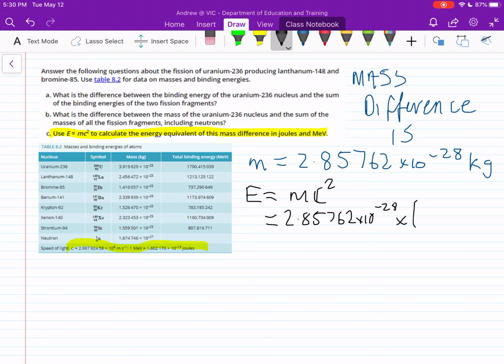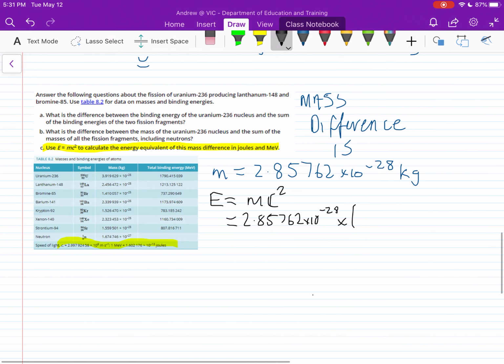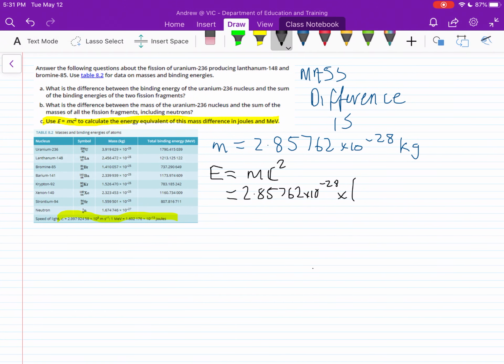I'm going to run out of room here, so I'm just going to zoom out. c is equal to 2.99792458, and you can abbreviate this to 3 as well, and often it is.